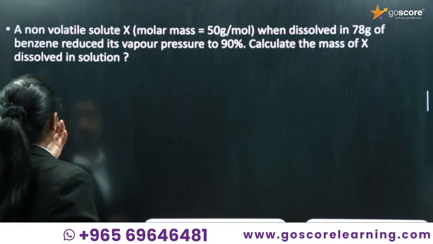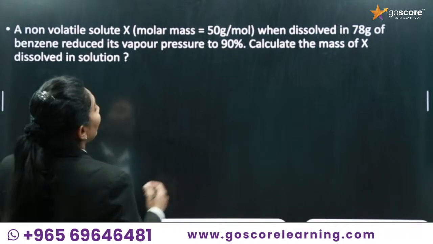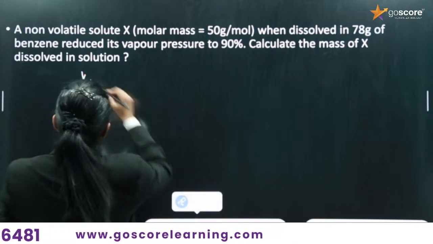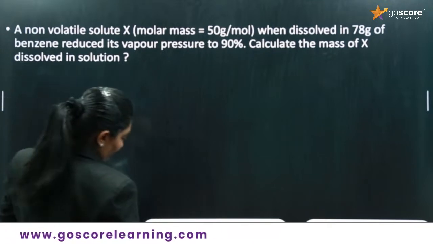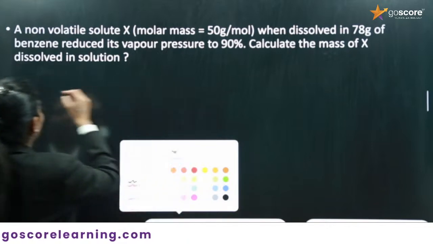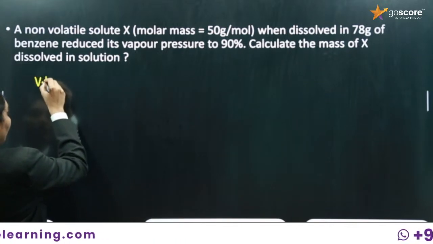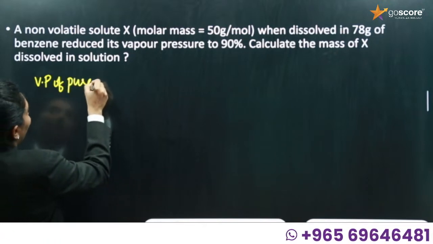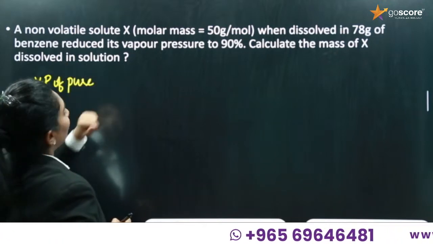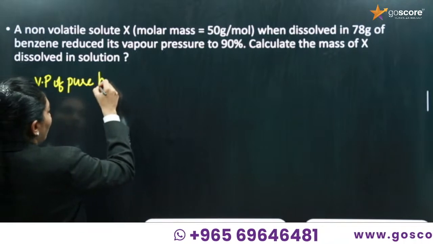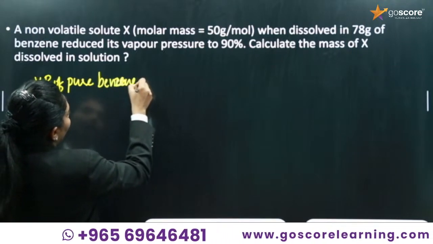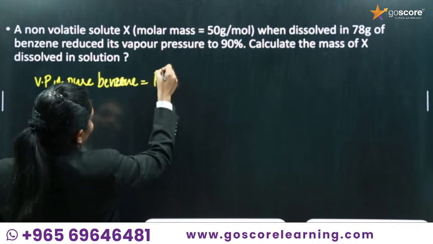So, here we can take the vapor pressure of pure solvent. Here we are dissolving in benzene. So, the vapor pressure of pure benzene is P naught.